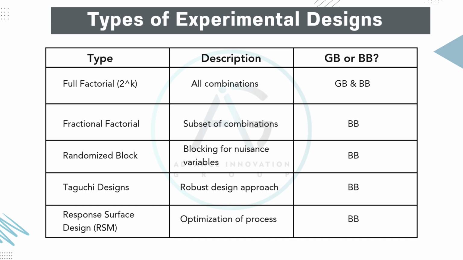It's a practical method that improves quality and is also used by black belts. Response surface design, RSM. This is used for process optimization, when we want to fine-tune variables to reach the best possible outcome. It's a sophisticated tool typically handled by black belts.